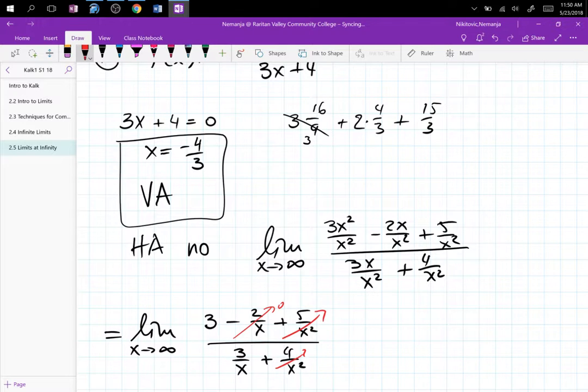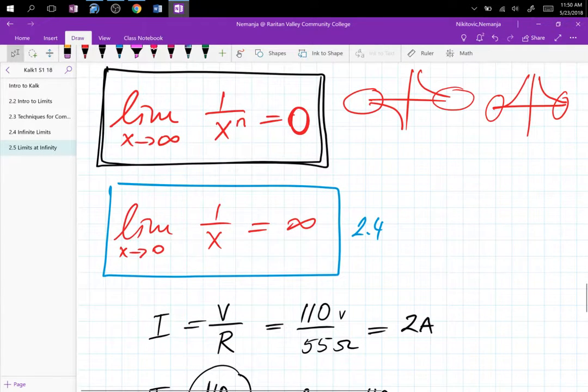Observe what happens. 0, 0, 0, 0. You are getting 3 over 0. That's not a finite value. We know that, right? 3 over 0 goes to infinity, right?